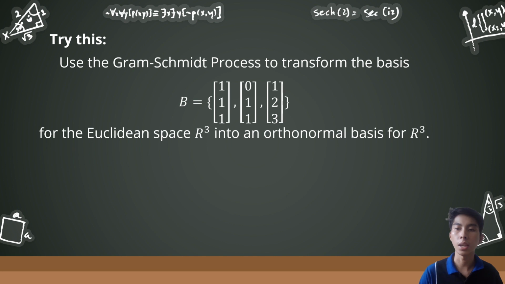You can use the same process that we used in finding the orthonormal basis for r raised to 3. In this problem, we can now use the third theorem of the Gram-Schmidt orthonormalization process.